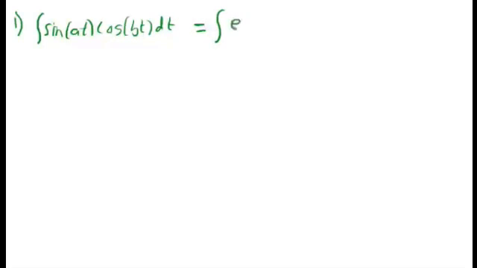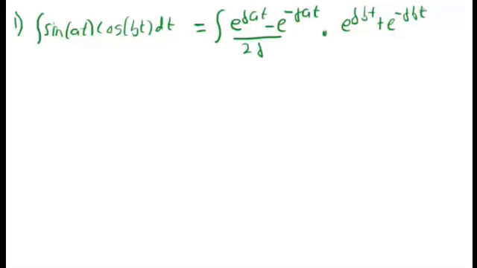Sine becomes e to the j at minus e to the minus j at, all divided by 2j. Cosine becomes e to the j bt plus e to the minus j bt, all divided by 2, and we multiply by dt. We multiply this out, we'll get 4 terms.